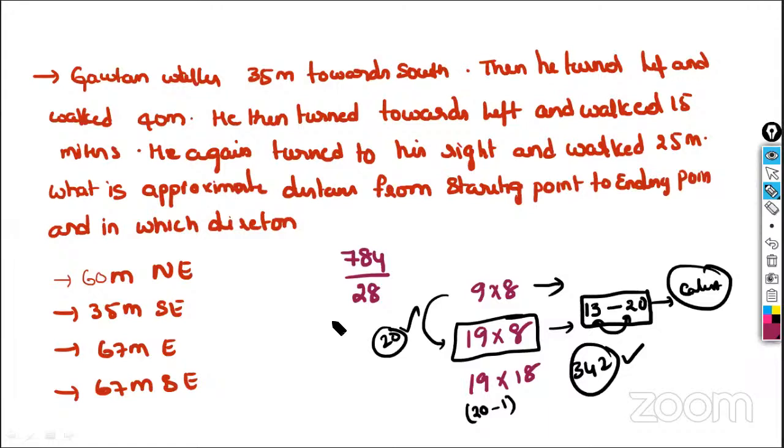Here is the problem. If I know that 28 square is 784, that will be the answer. In examinations also, so many people are doing like this only.